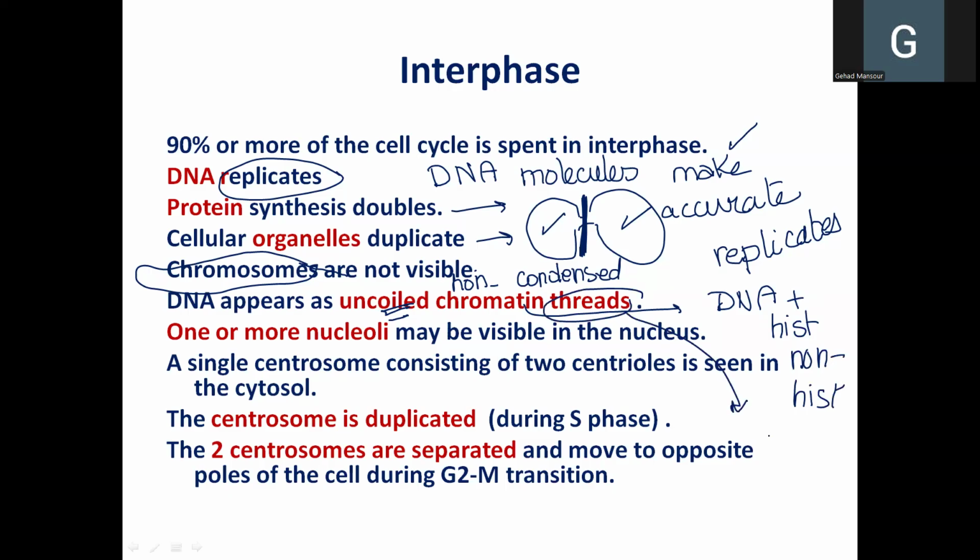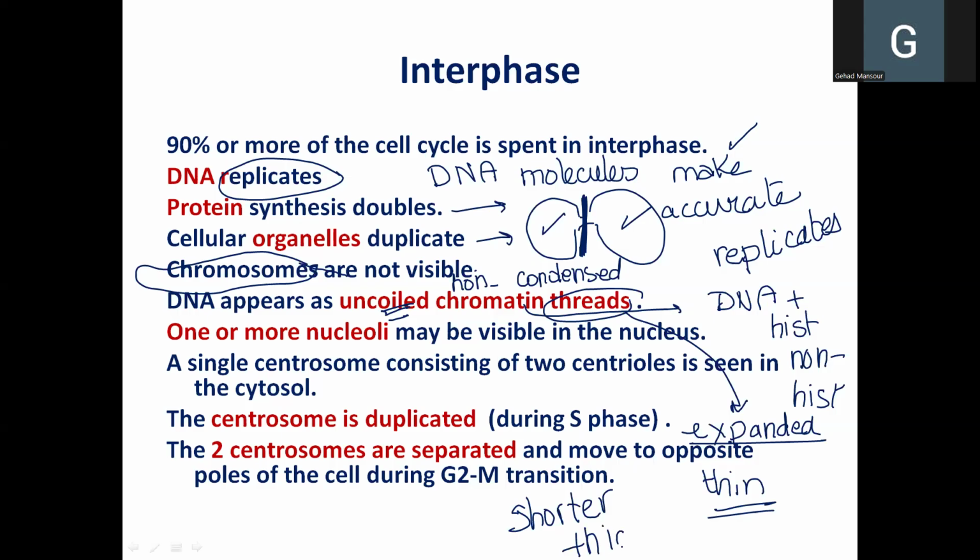Because they are still expanded, not highly folded, not condensed, and they are still very thin, of course, because they get thicker when they condense. They become visible only when they condense, because when they condense, they become shorter and thicker.